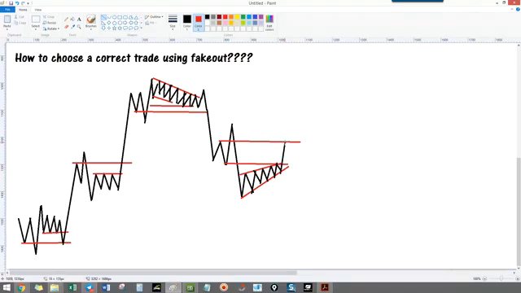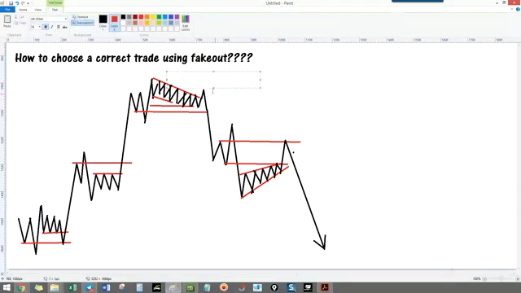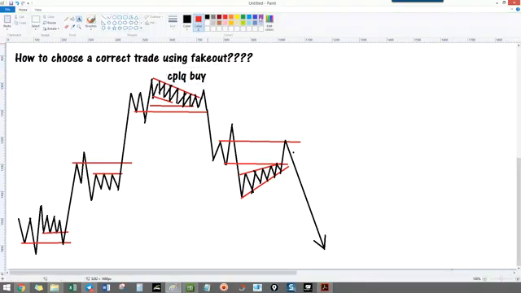Whoop, up here and down it goes. So sometimes it works and people cannot explain why. It is because of market structure. Okay, you got CPLQ buy here, CPLQ buy, but fail.